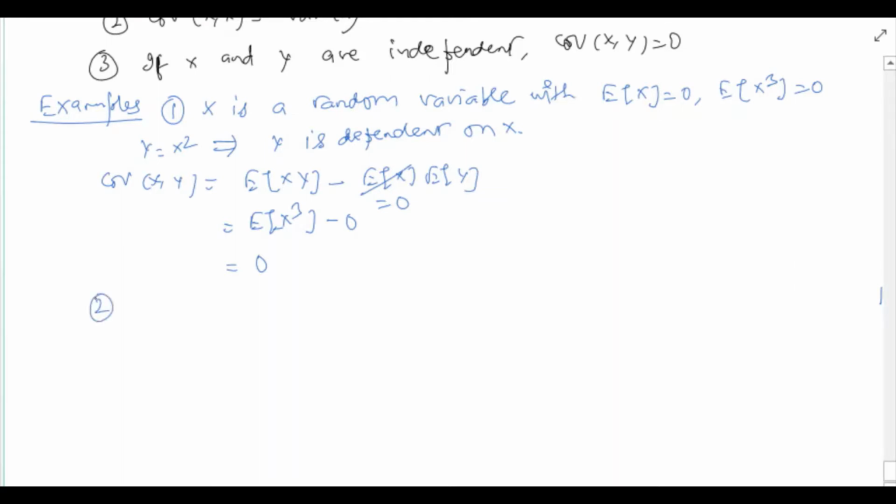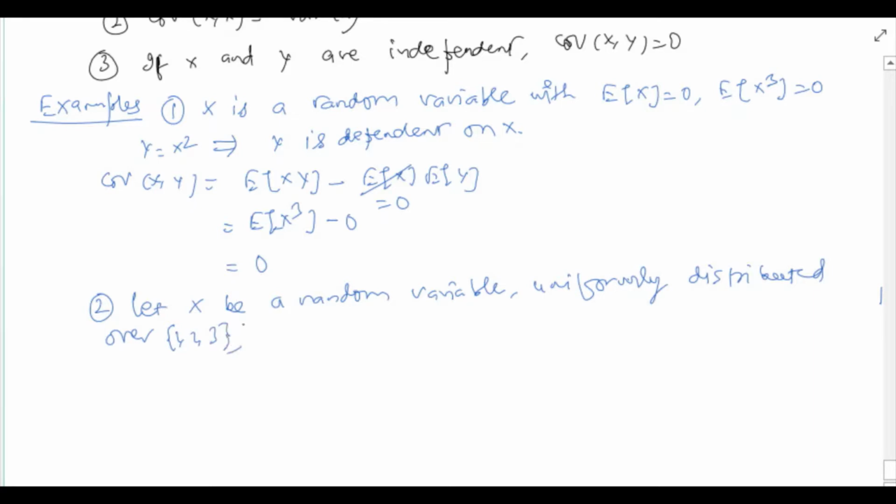We take one more example that also shows the same fact. Let X be a random variable that is uniformly distributed over 1, 2, 3, and let Y be another random variable, and this Y is independent of X, and is uniformly distributed over minus 1, 1.